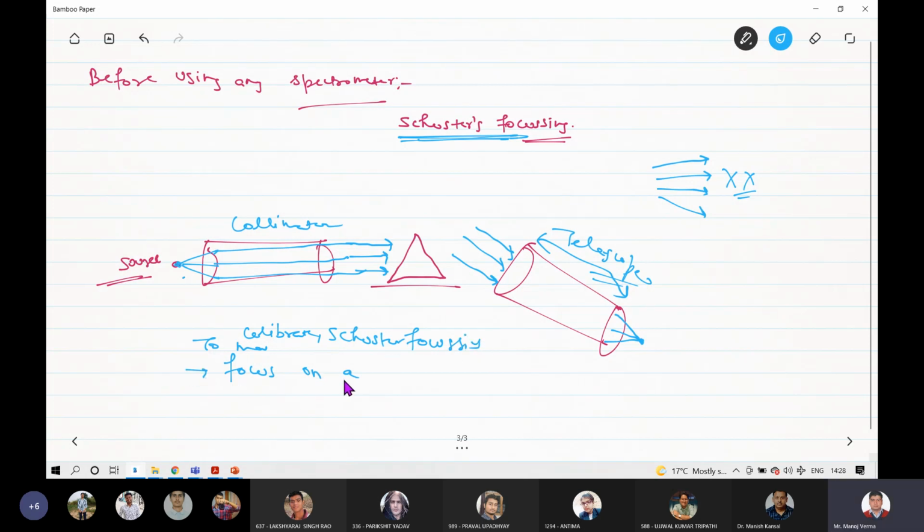What I have to do is focus the telescope on a distant object. I do not know whether this collimator is creating a parallel beam or not. But if I move this telescope away from this prism table, from this collimator, and look outside the window of your lab, I can see the image of a very distant object.